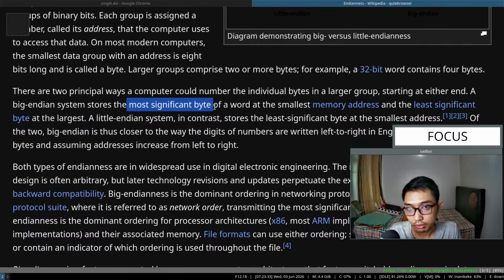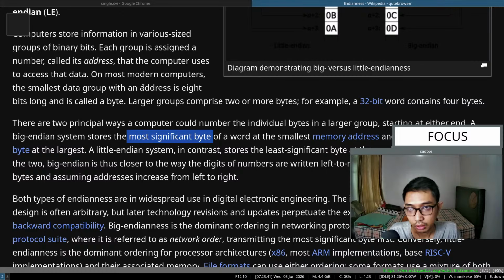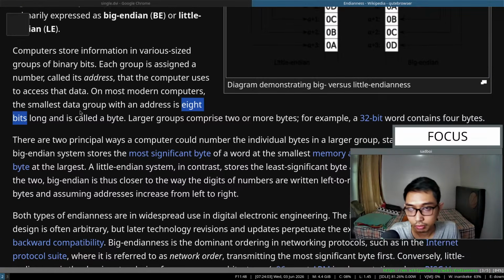Is it most significant bit or most significant byte? I mean, the address is 8 bits long and is called a byte, right? So if we call this a byte, does that mean it is 8 bits long or something like that?